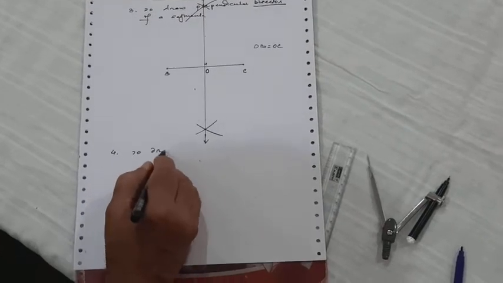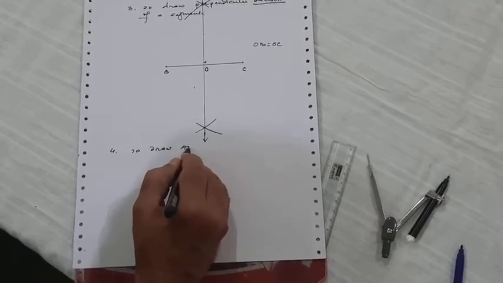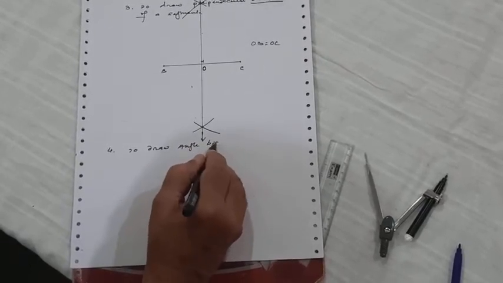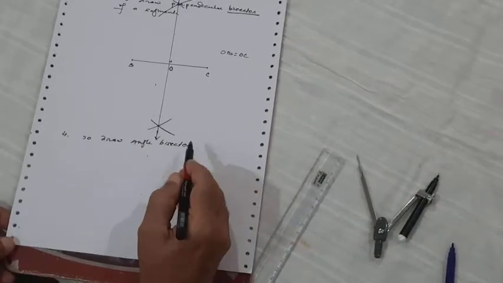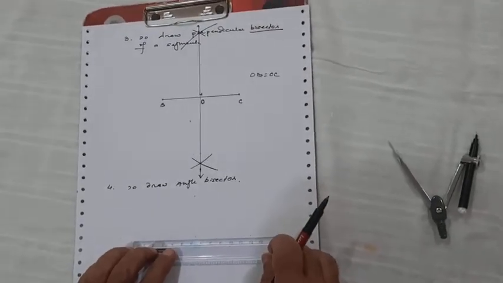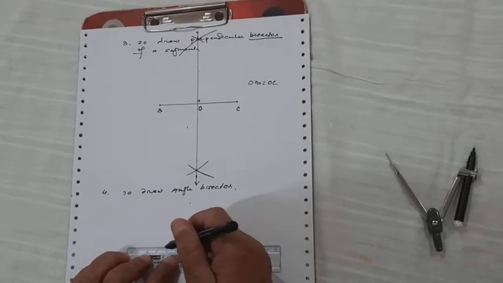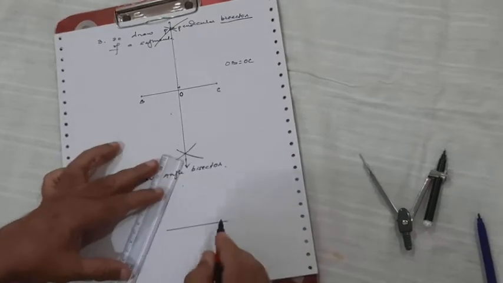To draw angle bisector. We have to bisect the angle. Draw any angle you can draw. Let us see. This is the one ray.